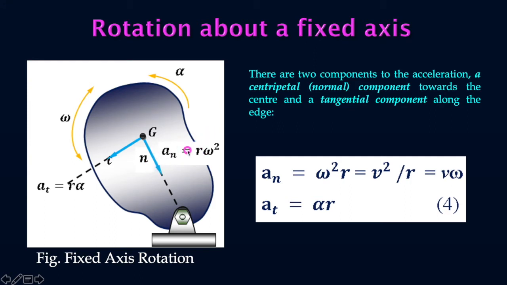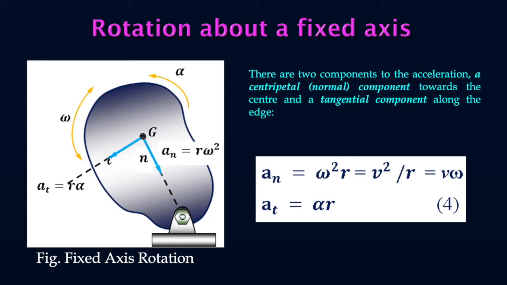It indicates that if the rigid body is rotating with constant angular velocity omega and no angular acceleration, then the normal component still exists, but the tangential component is 0. If alpha is 0, the tangential component is 0. So if there is no angular acceleration, linear acceleration may still be there, provided the body is rotating.